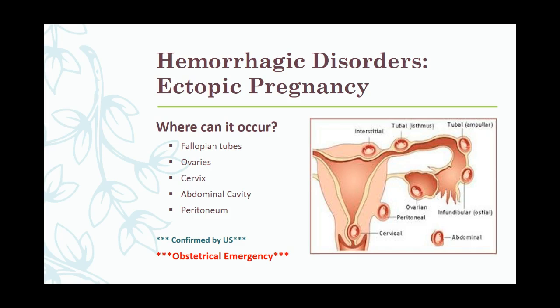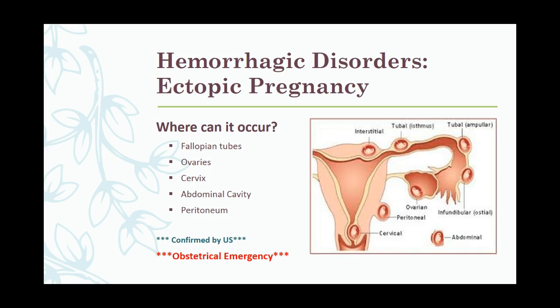So we want to know where those can occur, and we've talked about this before. Here's a little picture that shows you the different places ectopic pregnancies can occur. The fallopian tubes, the ovaries, the cervix, the abdominal cavity or the peritoneum. We always confirm ectopic pregnancies with an ultrasound, and like I said, this is an obstetrical emergency.